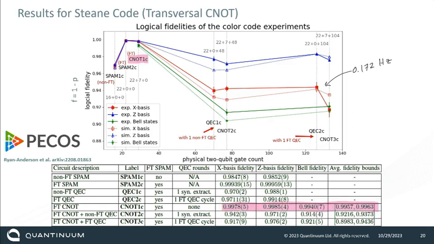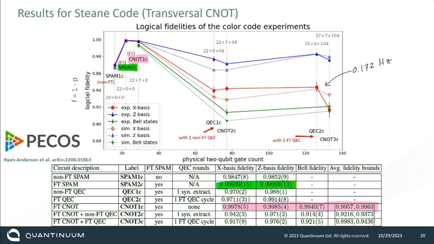Once again, I'll highlight just a few points. Here's where we're doing fault-tolerant initialization, fault-tolerant measurement out, and the transversal gate, which is inherently fault-tolerant. And so we get really high fidelities: 99.8, 99.9% fidelity for the 2-qubit gate and the X and Z basis, and then 99.4 for the Bell state. Here is the fault-tolerant SPAM.